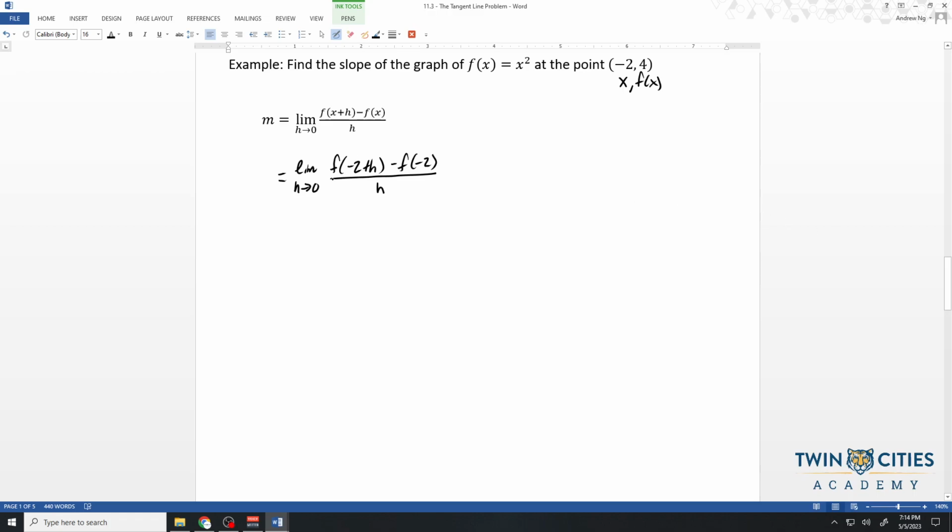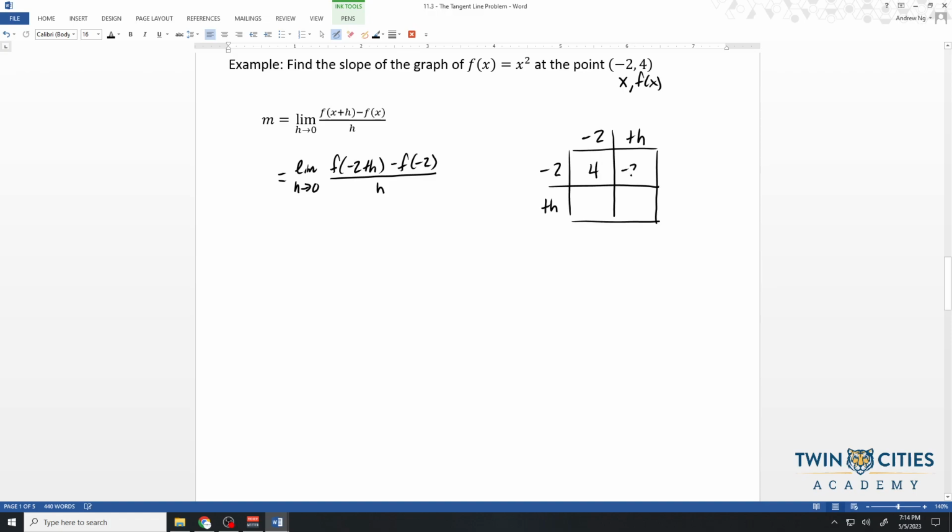So what does this mean? f of -2 plus h. If my function is x squared, then f of -2 plus h is going to be (-2 plus h) squared. Let's do that over here. So I'll have -2 plus h squared, so it's going to multiply to itself. -2 times -2 will be 4.